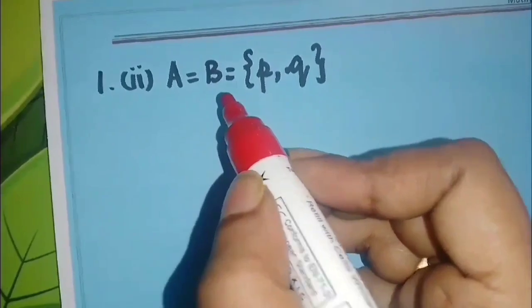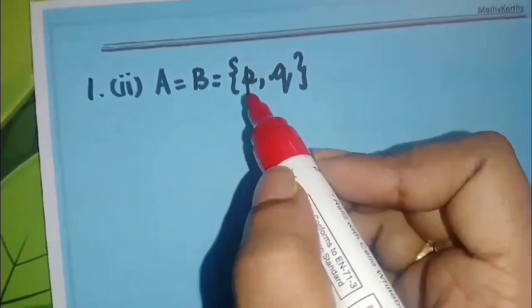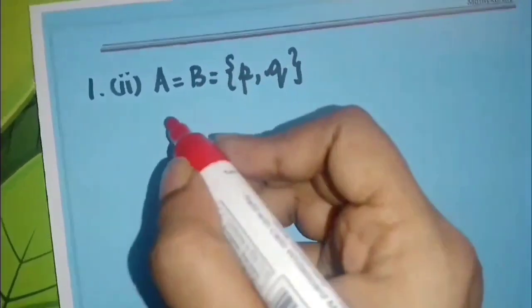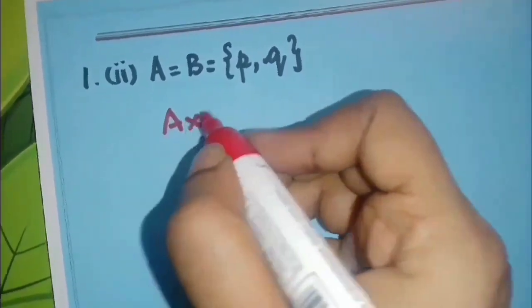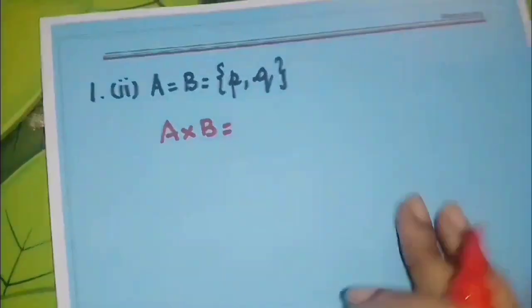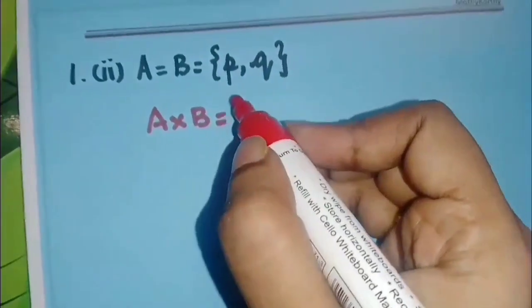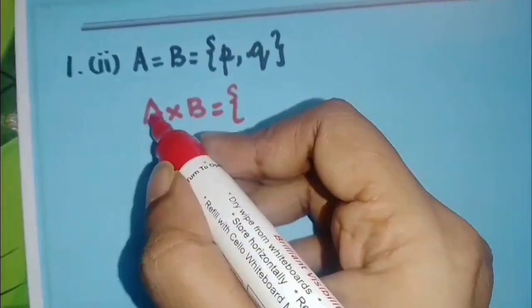Here it's given A is equal to B, which is the set containing the elements P and Q. So we are going to find A cross B. So A cross B is nothing but, what is the set A?